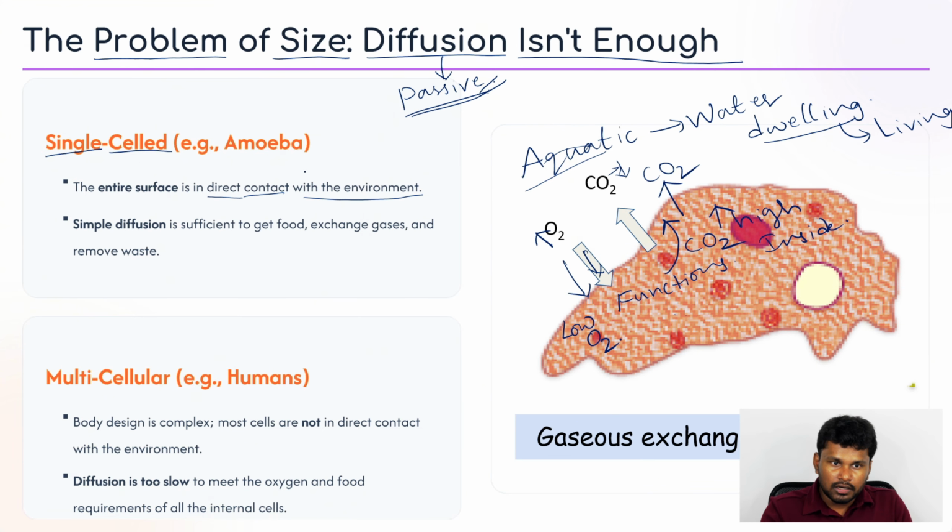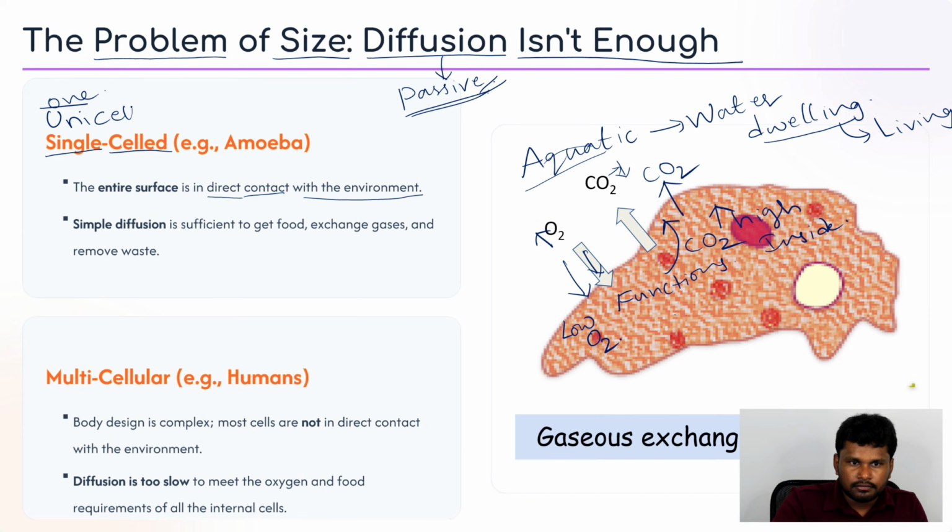They are also called as unicellular organisms. Uni. The word uni means one. Cellular. Unicellular organisms. Okay. In unicellular organisms, this will be taking place as they are in direct contact with the environment in all the sides. Simple diffusion is sufficient to get food, gaseous exchange, and remove waste.